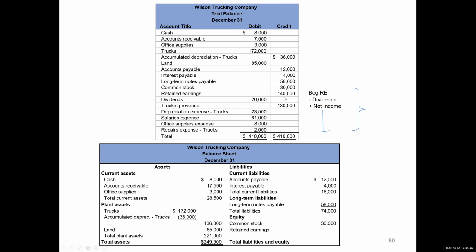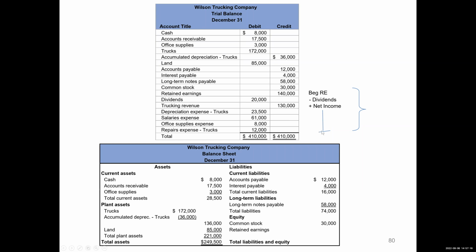And so what we need to do is we need to put all these temporary accounts into our retained earnings, right? So here we've got our revenue of 130,000 and then all of our expenses. And this nets out to net income. So that's why we're going to add net income to the beginning retained earnings. And then, of course, we know that the next part is the dividends, and we're going to subtract the dividends there.